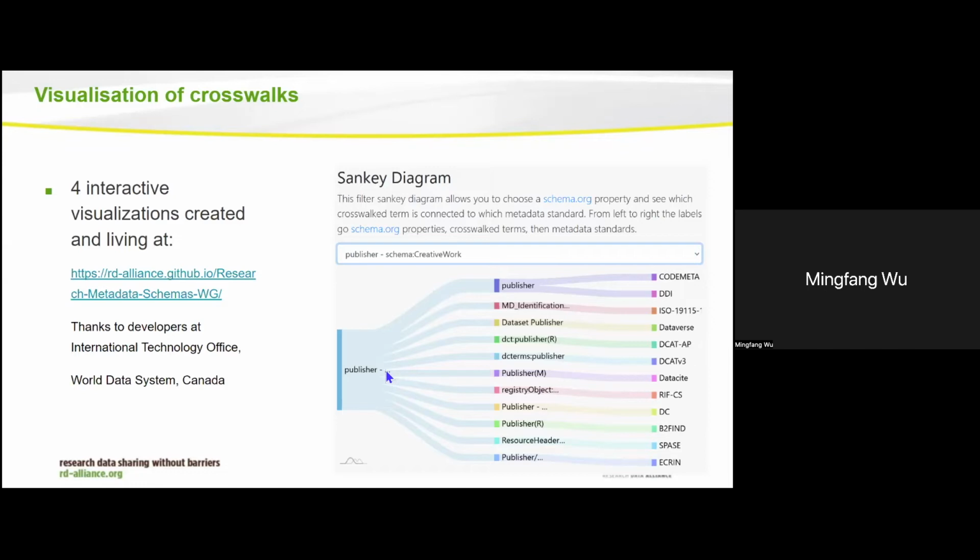Here, for example, publisher, you can see which source schemas have that property and how that's mapped to different schemas. So if you are interested, please go and follow the link and play around.